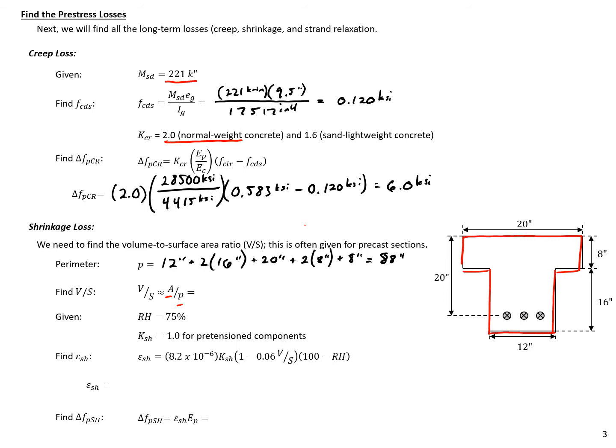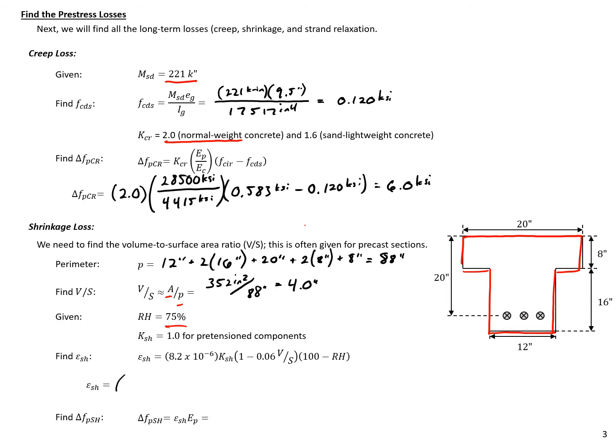So our volume to surface area ratio then is our area, 352, divided by 88 inches, which will be equal to 4 inches. We can use this with our given relative humidity to find our shrinkage strain.